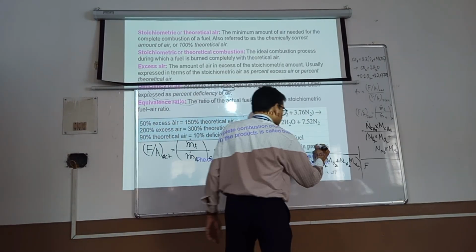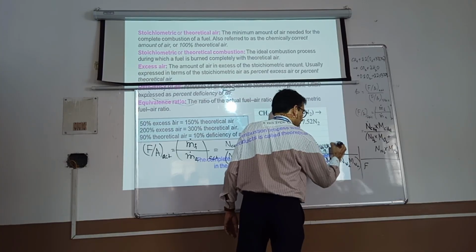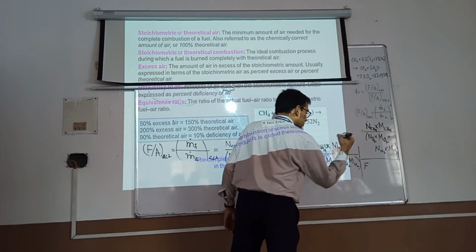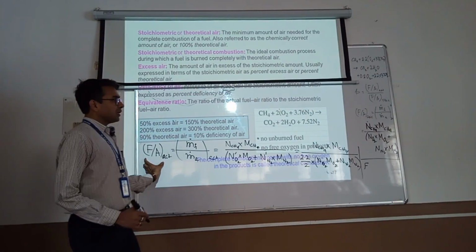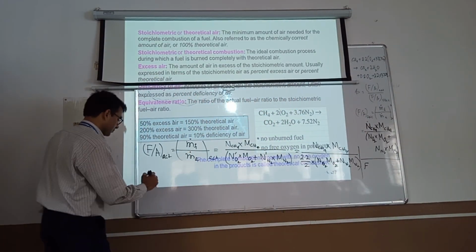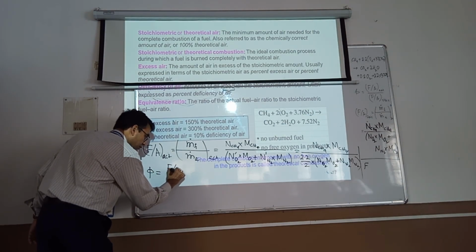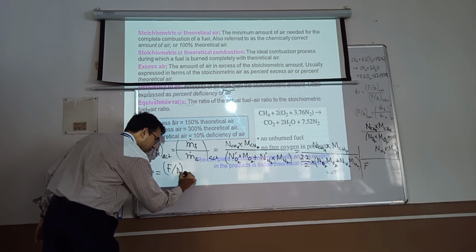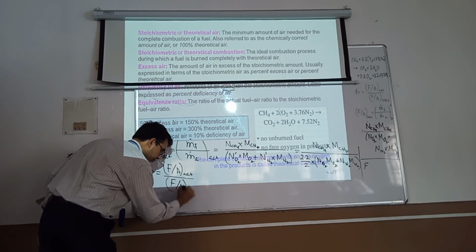Therefore, this remains as N of CH4, as it is 1 there. Therefore, this is actual and this is theoretical. So what is the value of equivalence ratio? F by A actual divided by F by A stoichiometric or theoretical.